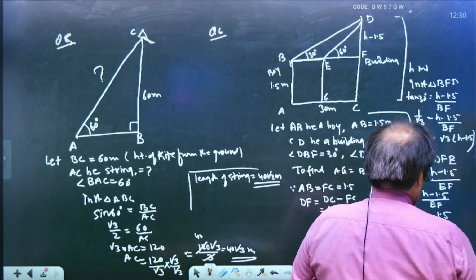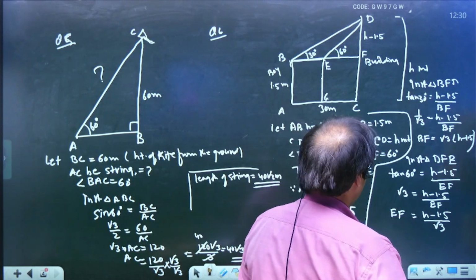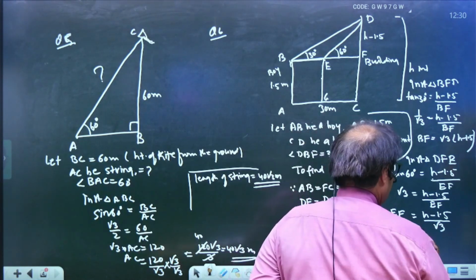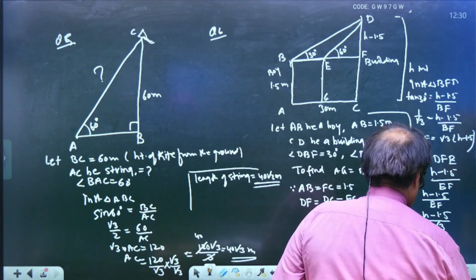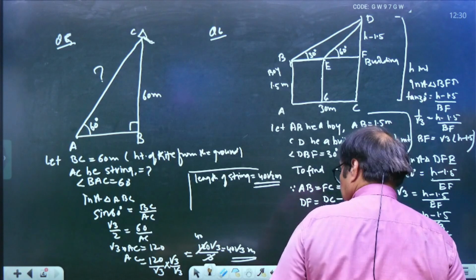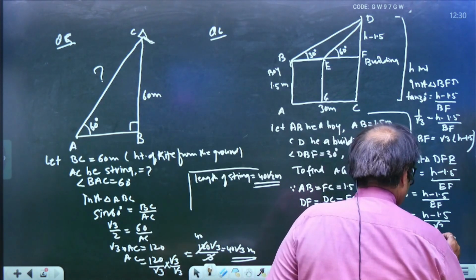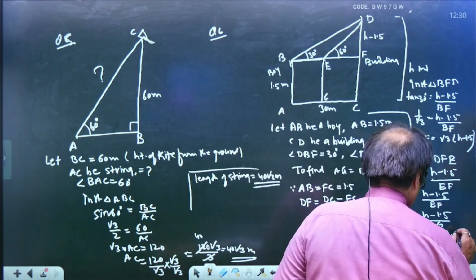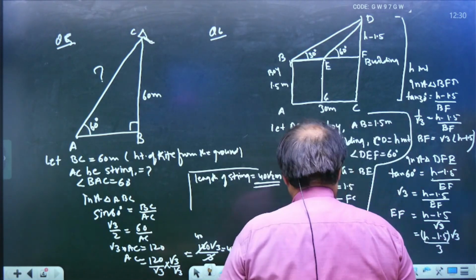After rationalization, this will be equal to H minus 1.5 divided by 3 into root 3. Rationalize it.